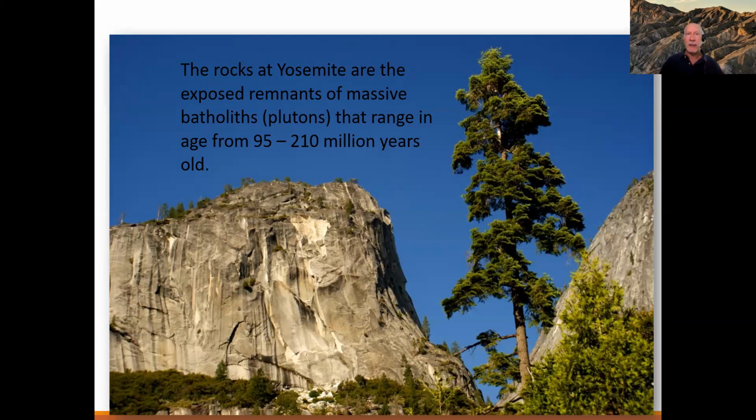And the state of California was uplifted, and those overlying rocks were eroded, and these ancient batholiths and plutons were exposed. And as a result of that, they fractured because as that overlying pressure was removed, the rocks expanded. But because these granites and granodiorites are not very flexible or elastic, they fractured.